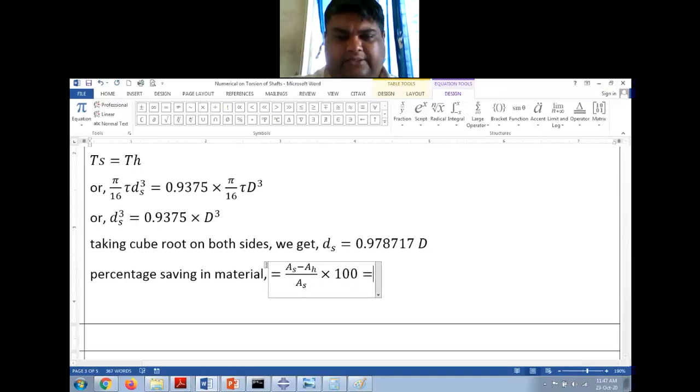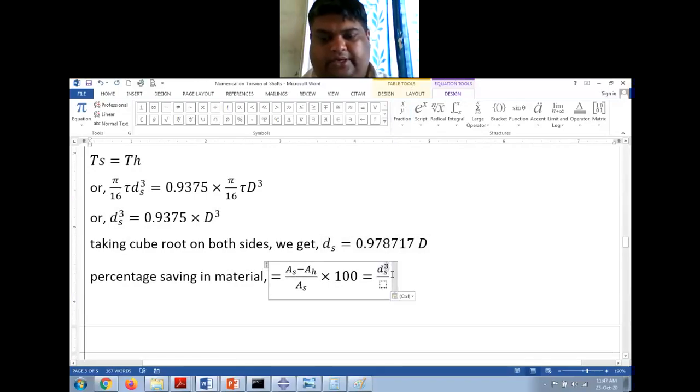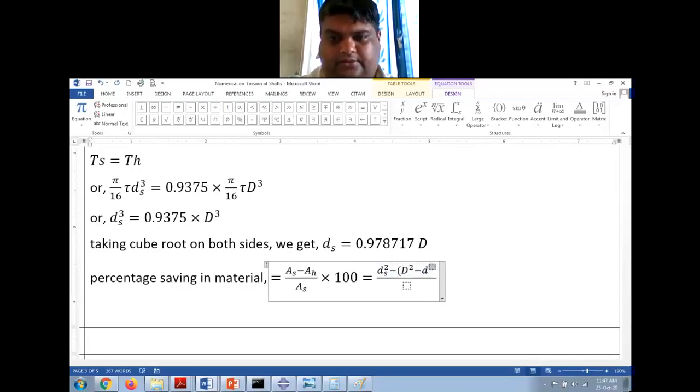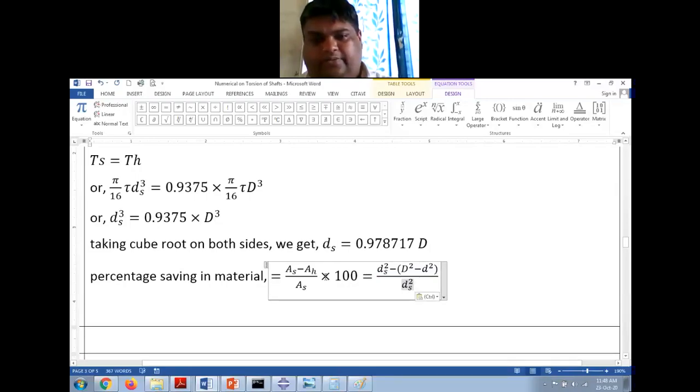So I can write this as ds square minus open bracket D square minus d square, right? ds square minus D square minus d square divided by ds square, multiply this by 100.